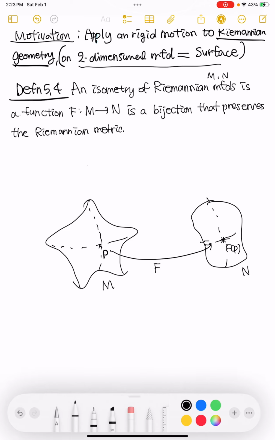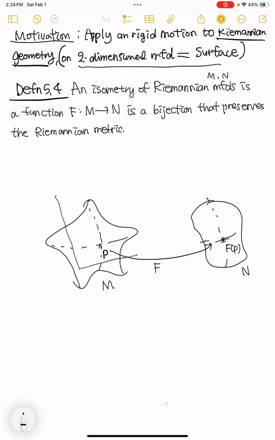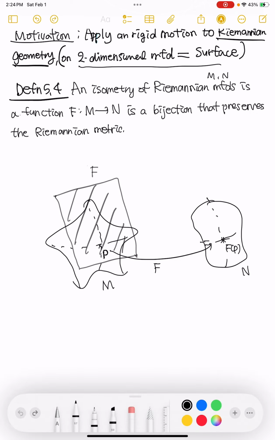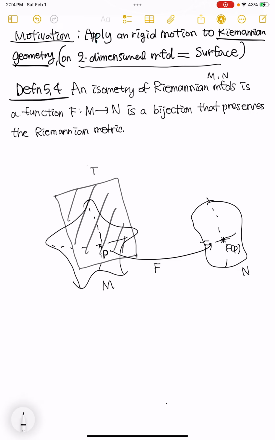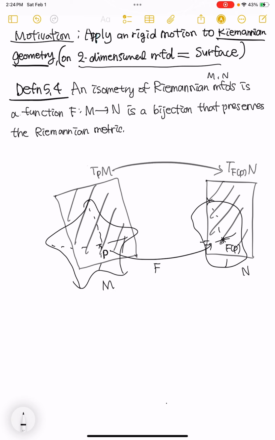And consider a surface, a tangent plane. That map is defined by F star.